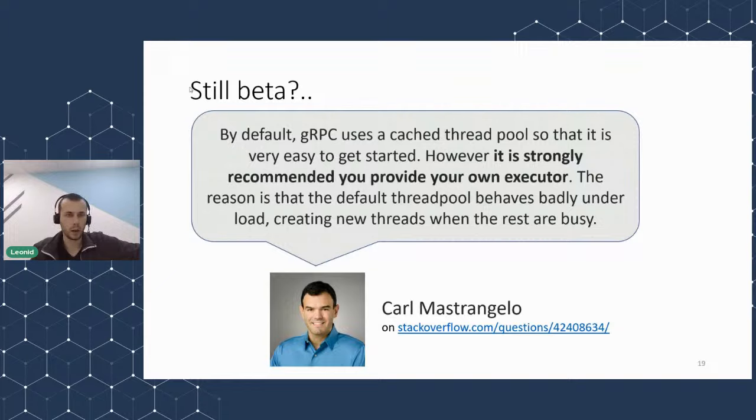Instead of the default cached thread pool, we create a fixed sized one, and never since that time have we ever seen this error again. Why am I telling you that?